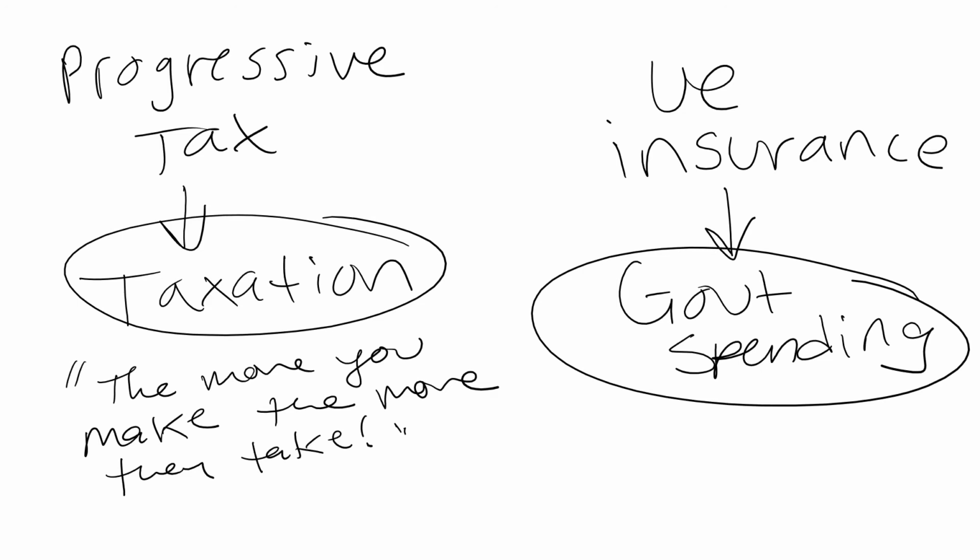Now, the other thing is unemployment insurance, right? That's a government spending program. Well, guys, if the unemployment goes down, then this government spending program causes government spending to go down. In other words, if everybody's getting jobs because unemployment is getting lower, right? The unemployment rate's lower, we're producing more stuff, the country's doing great, well, then the government doesn't need to spend as much money on helping people who are unemployed.